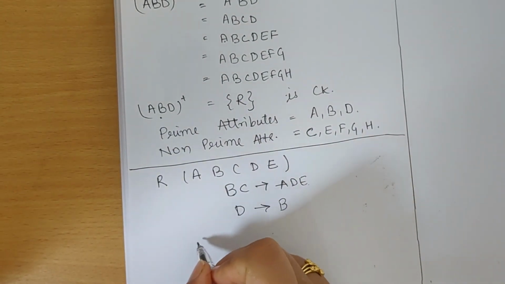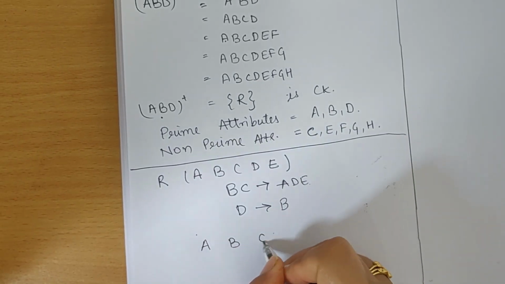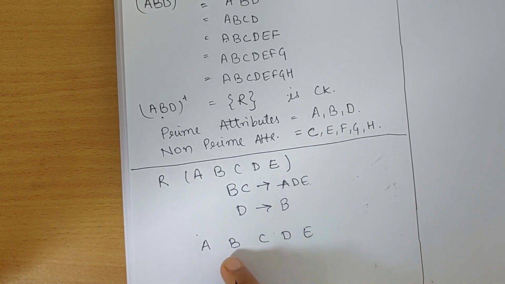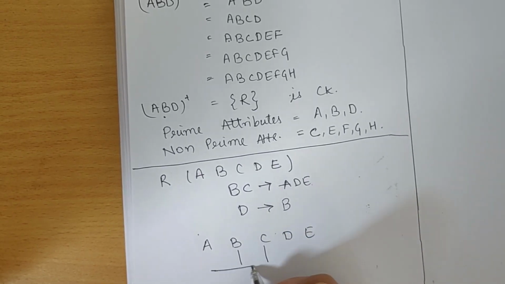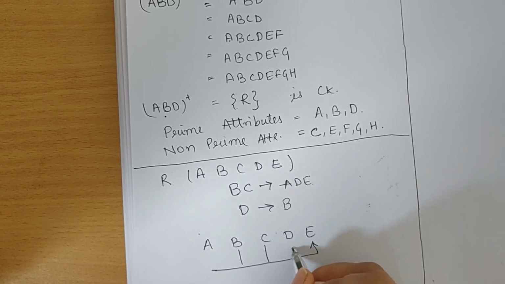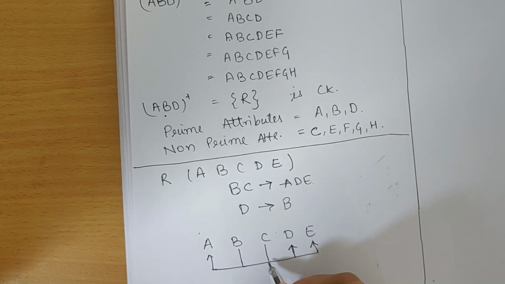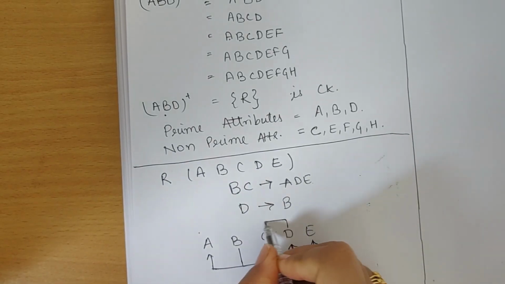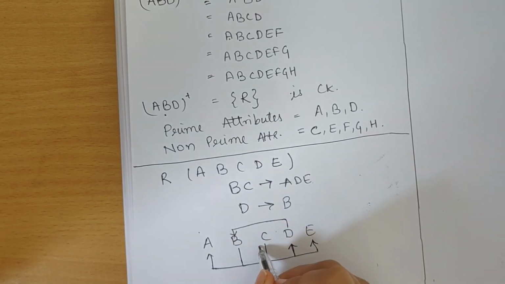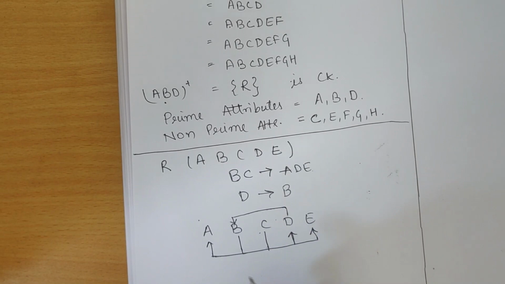So if you find the closure, BC determines A, D and E. D has the power to determine B. Now which one is the important element?